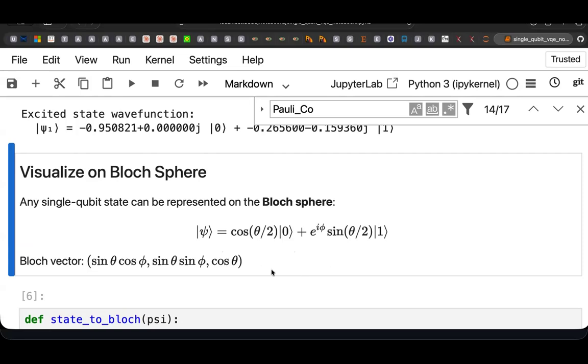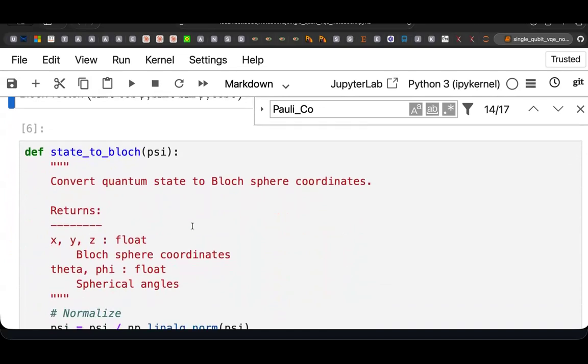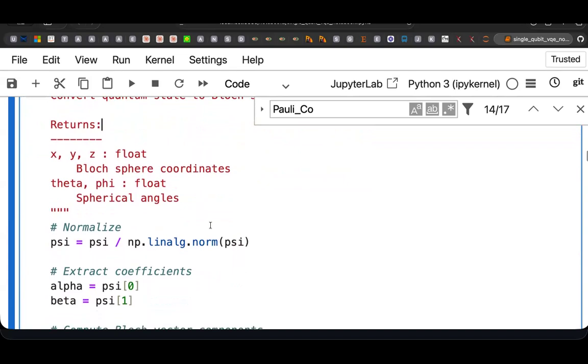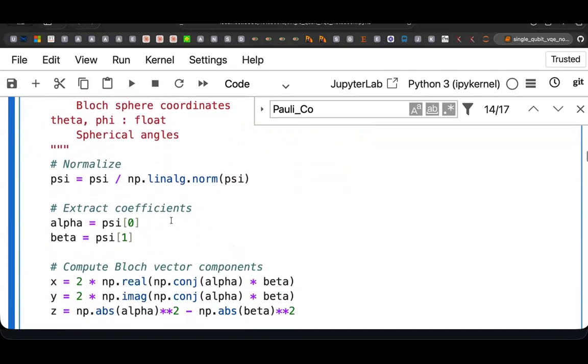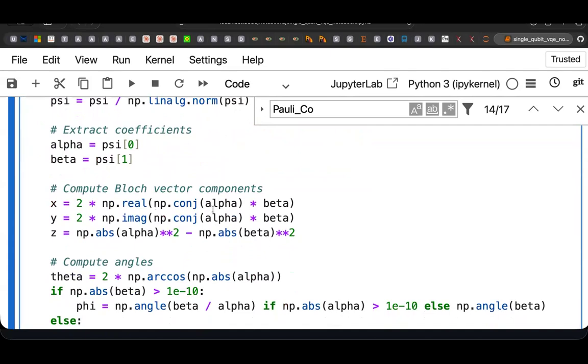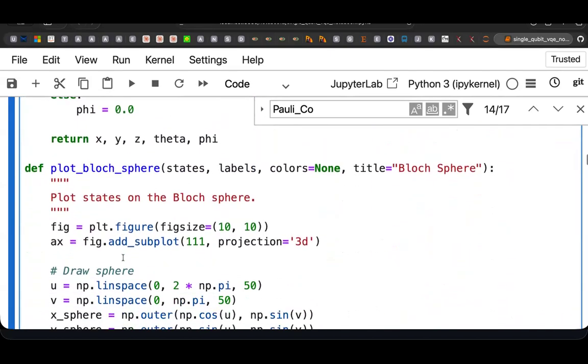And that means that our state is going to look like this, where these are parameters which we need to optimize. So in here, we convert a quantum state to a Bloch sphere. And what we are doing now, after we have normalized it, we just compute the Bloch vector components, compute the angles, and then we make a plot on a Bloch sphere.